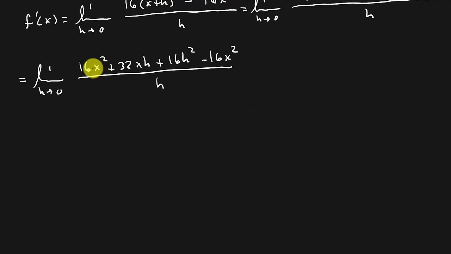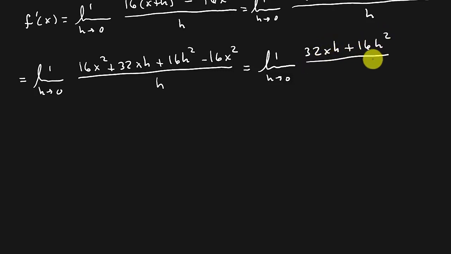Now look what happens. See, 16x squared minus 16x squared, that goes to 0. And so I'm left with the limit as h goes to 0 of 32xh plus 16h squared over h. And then look at this. I have a common factor of h I can factor out.